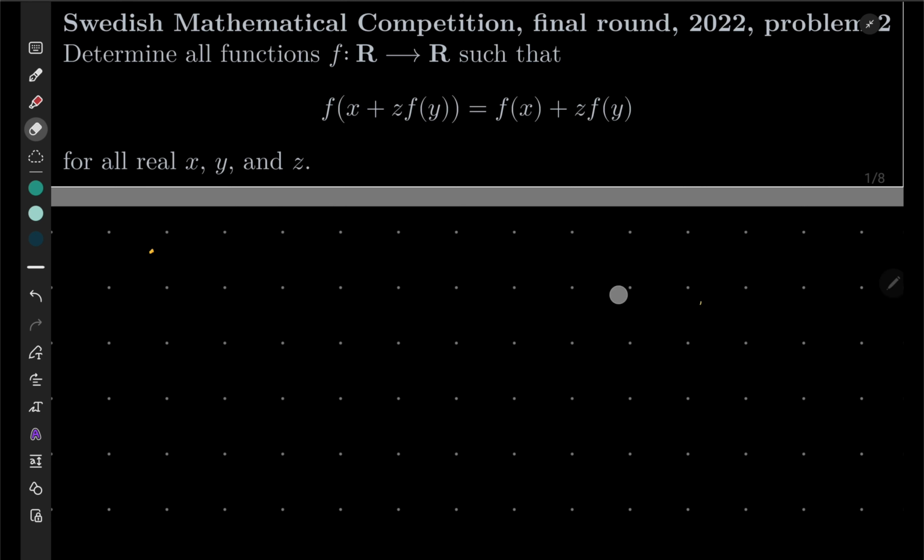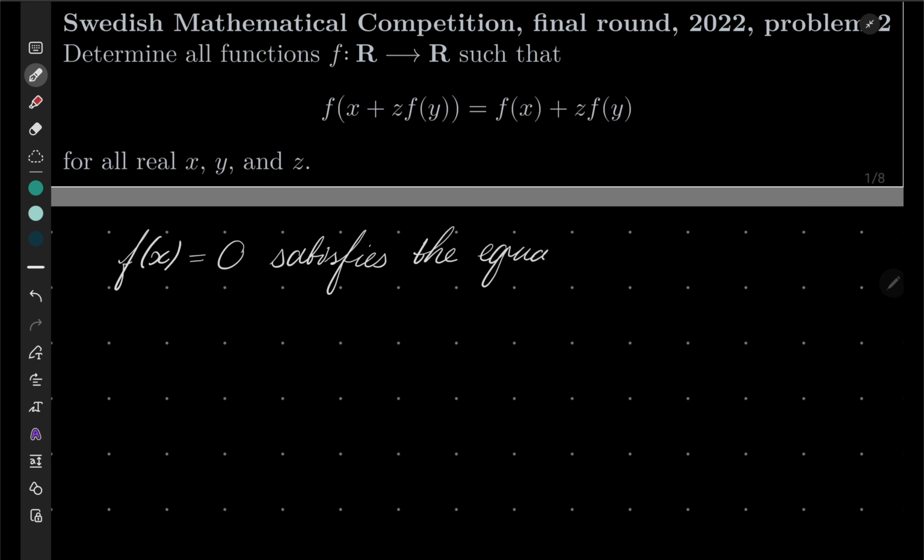Okay, so my solution. First of all, let's notice that the function which is constantly 0 satisfies the equation. It's obvious because 0 equals 0 plus z times 0.